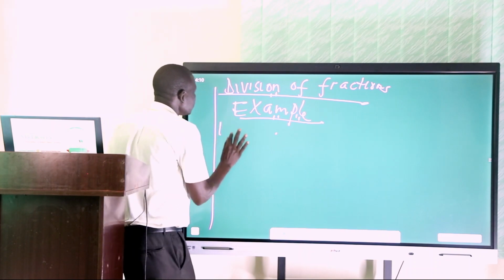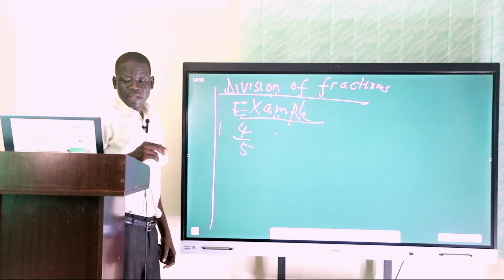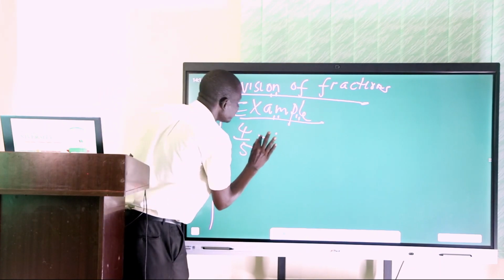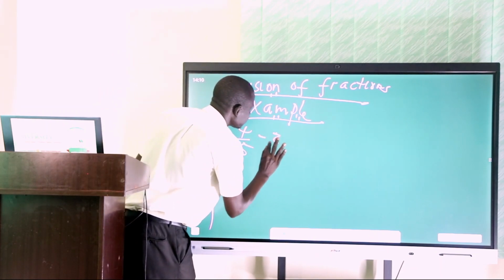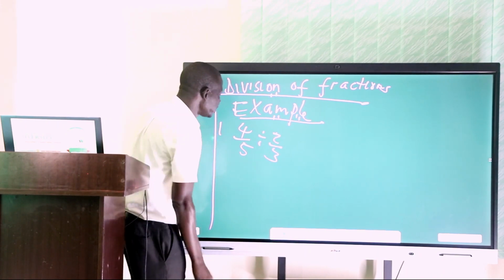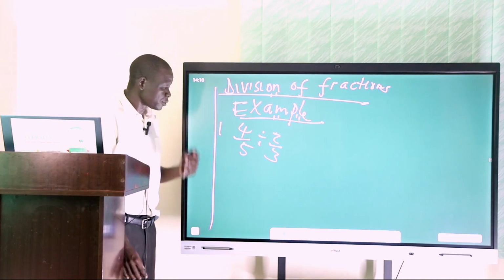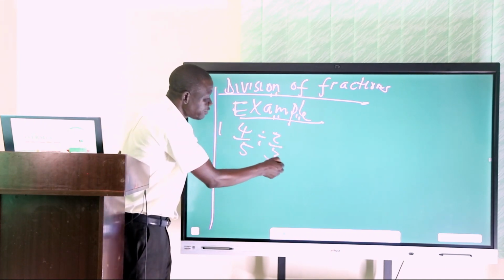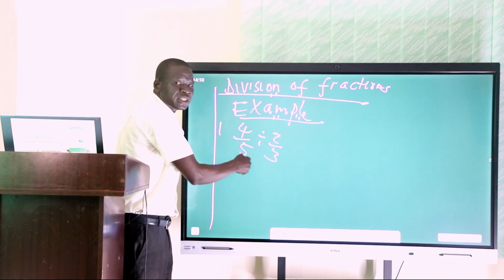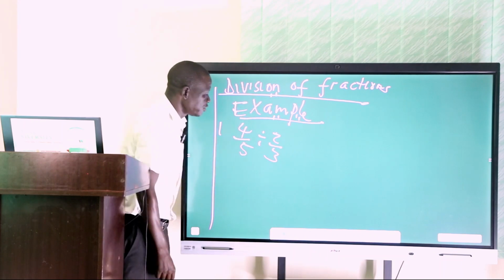Divide 4 over 5 by 2 over 3. We are dividing 4 over 5 by 2 over 3. This is what we call the dividend, and this is what we call the divisor.